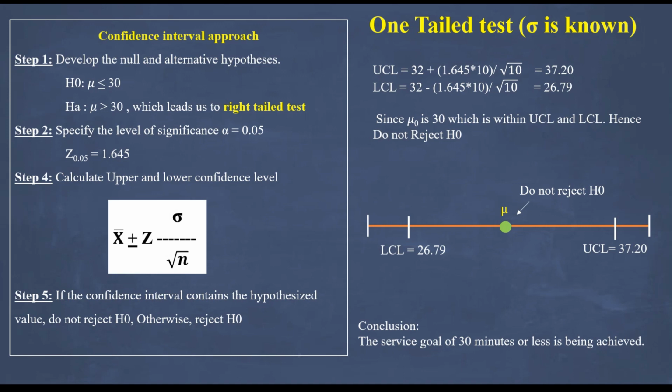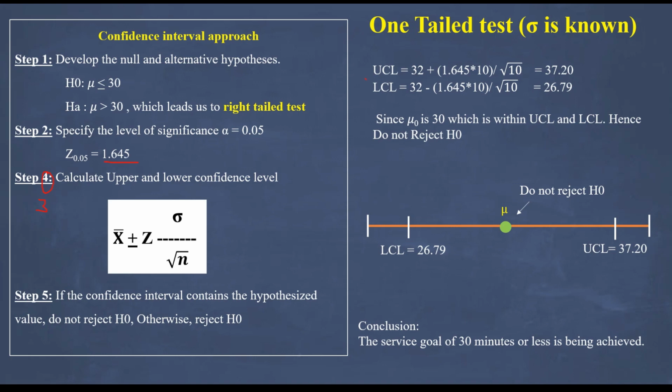The third type of approach is the confidence interval approach. So step 1 we have already done in the previous cases. Step 2 is specify the level of significance, and then we have Z at 0.05 is 1.645. The third step is calculate the upper and lower confidence levels.